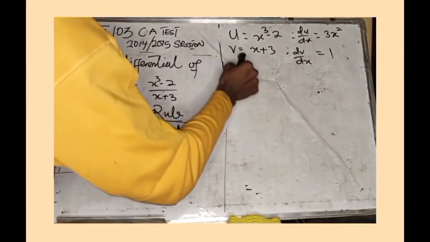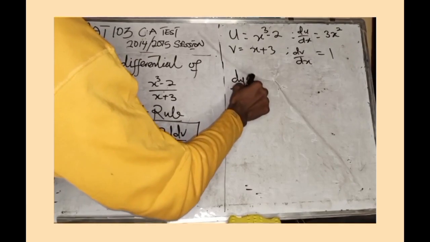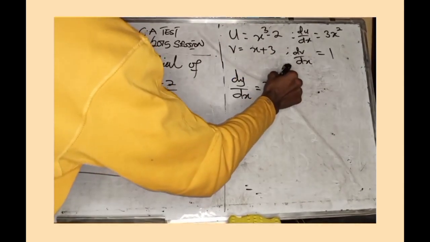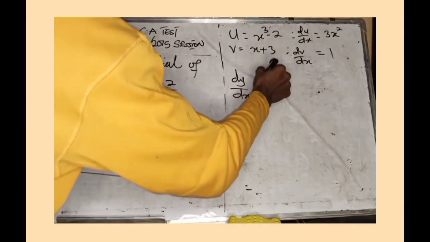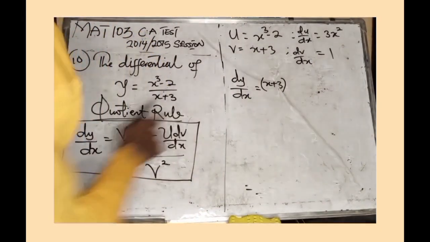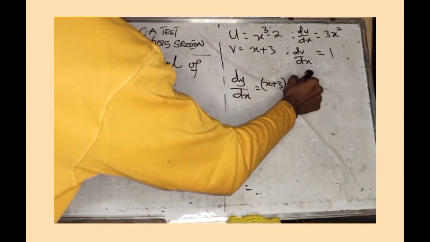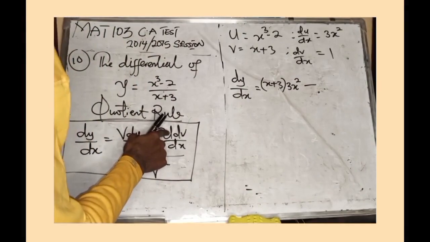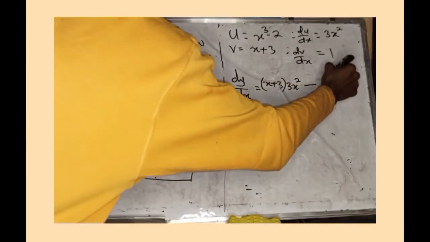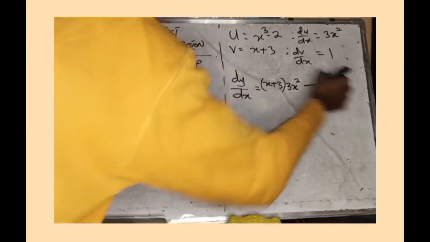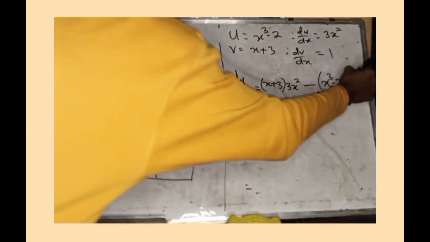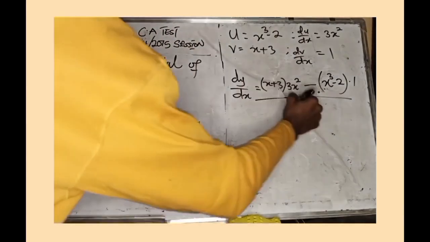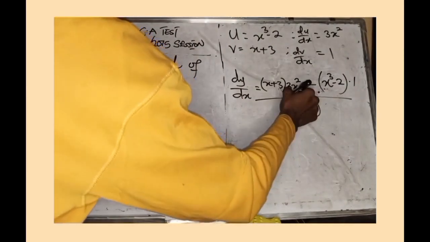So I get dy over dx is equal to v. What's my v, guys? Remember we said let v be equal to x plus 3, then multiplied by du dx, which is 3x squared, minus u, which is 3x minus 2, times dv, which is 1, all over v squared, which is (x plus 3) all squared.